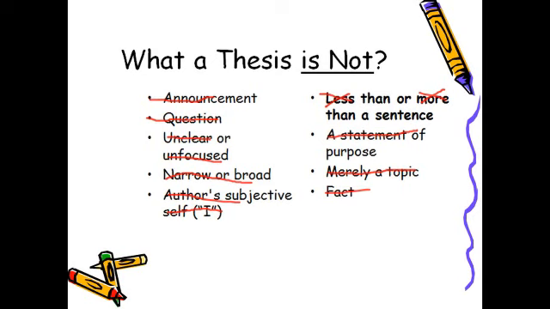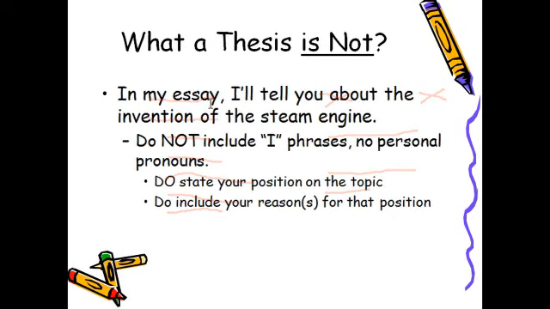Let's look at some of these a little bit closer. First off, remember, a thesis statement never includes I phrases or personal pronouns. So you should never begin your thesis with, "In my essay, I'll tell you about the invention of the steam engine." This is a poor example and not a solid thesis statement. Again, avoid those personal pronouns and any I phrases.